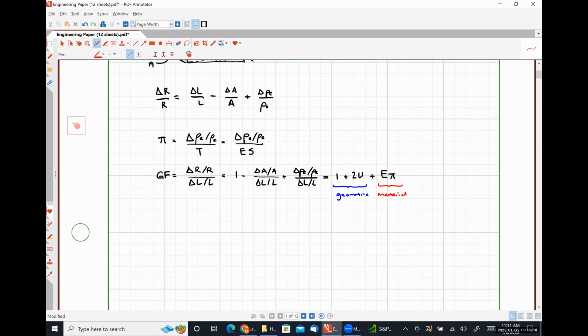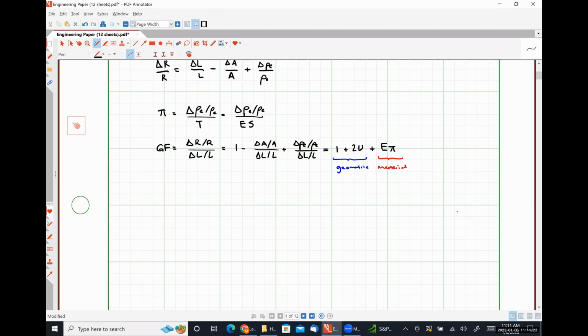So if we look at a list of materials here, I'm going to write you guys a little table. And then over here on the right hand side, we're going to have gauge factor.